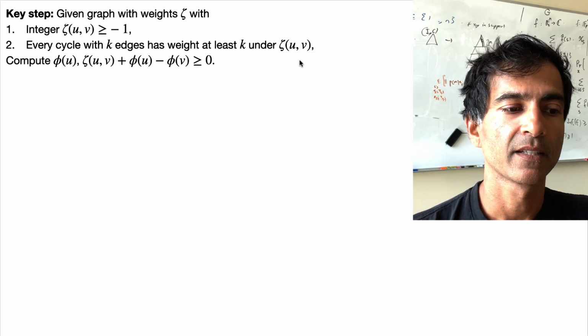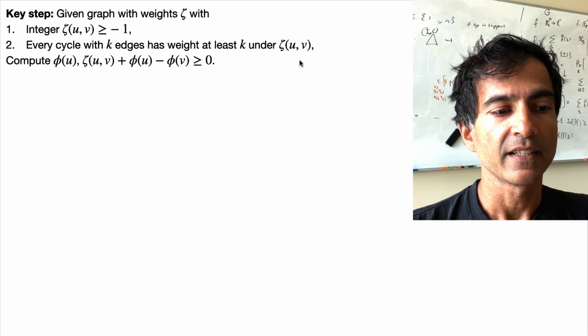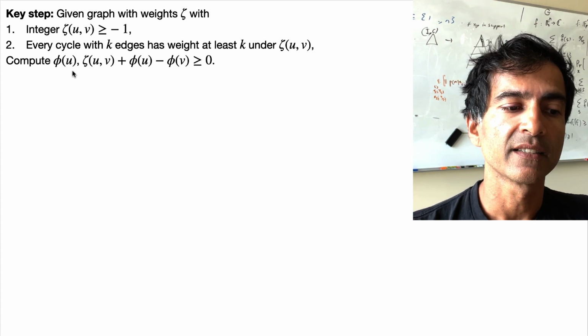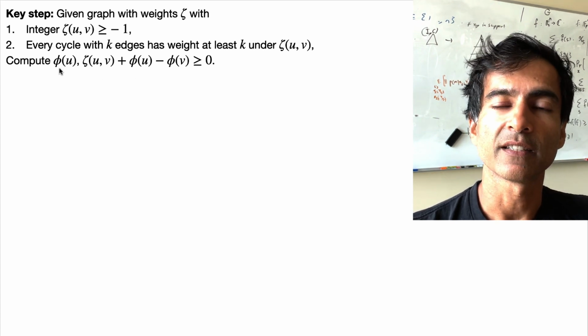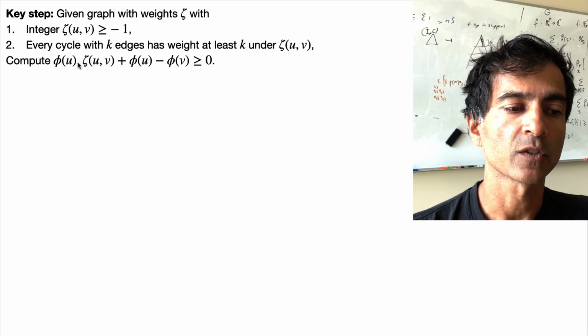These are the two properties that zeta is promised to have. And we'll give an algorithm that, given such a zeta, can find a potential function phi that makes all of the edge weights non-negative.